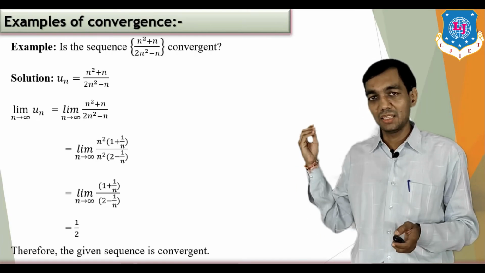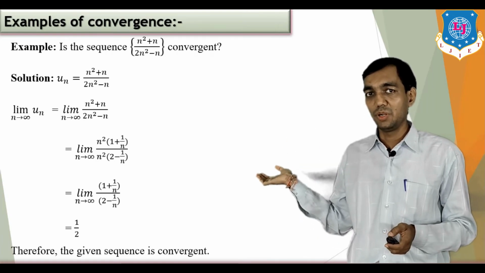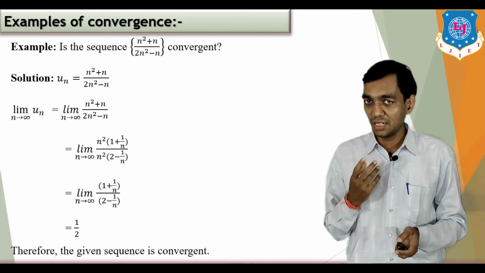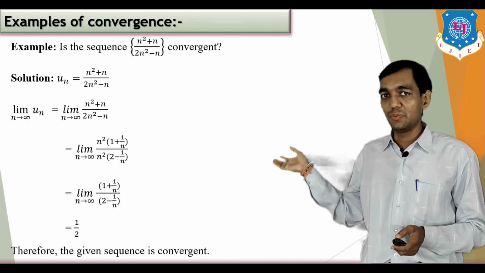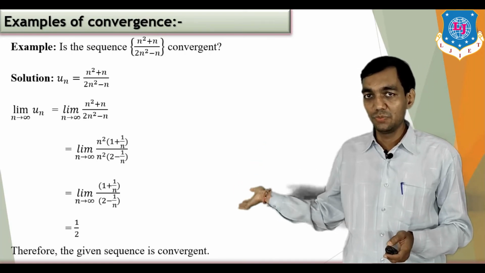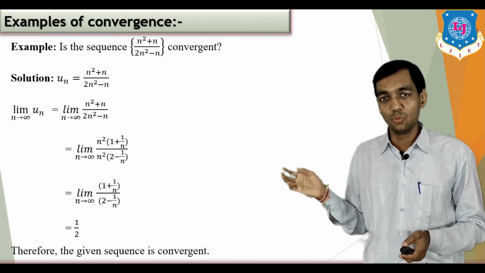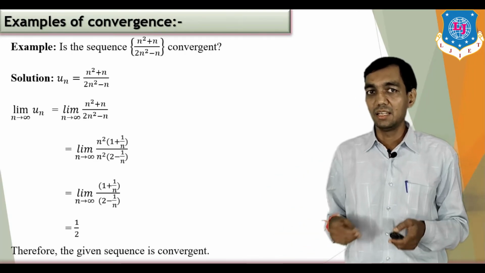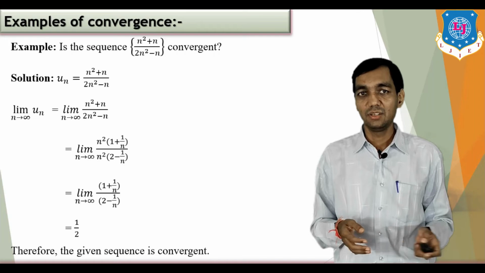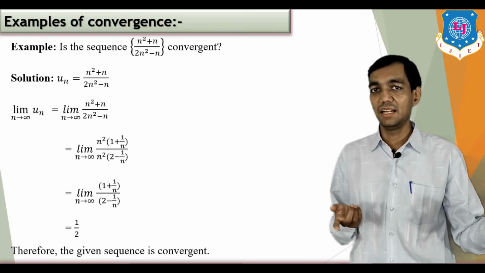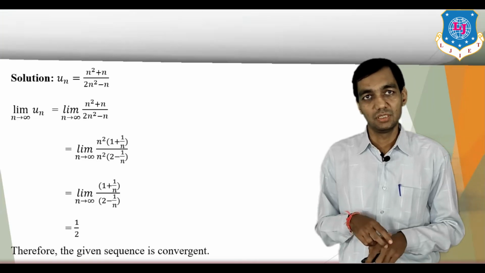We take n square common from numerator and denominator, and simplifying gives limit n tends to infinity of 1 plus 1 upon n divided by 2 minus 1 upon n. Applying the limit, you will get 1 by 2. Therefore again the limit is finite and unique, so the sequence is convergent.